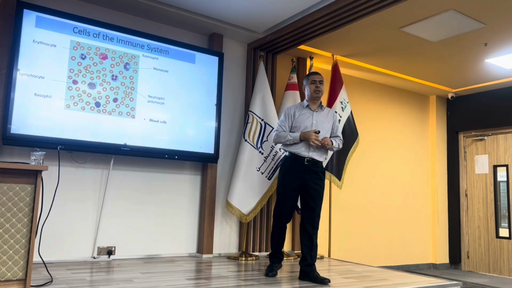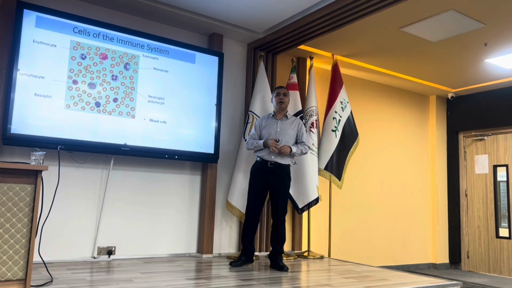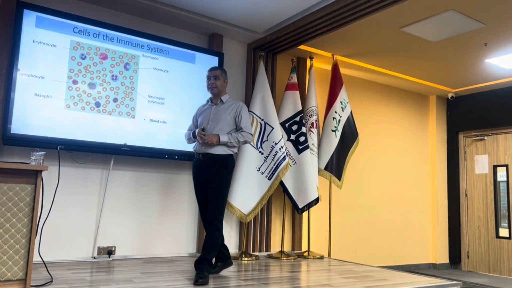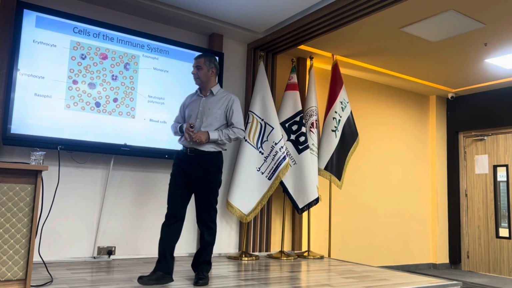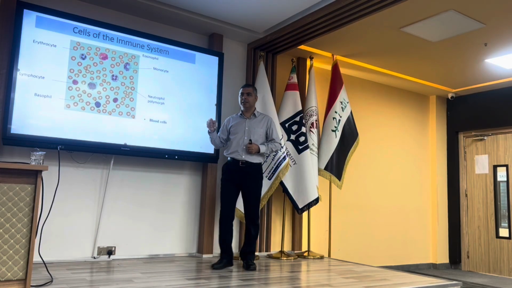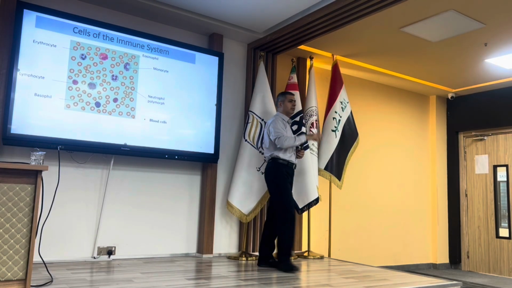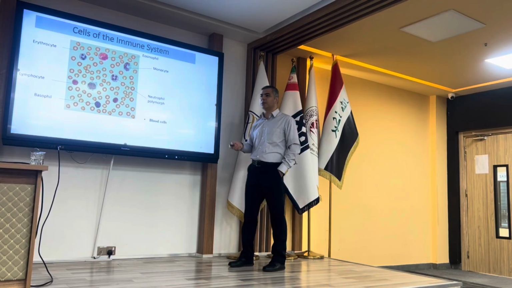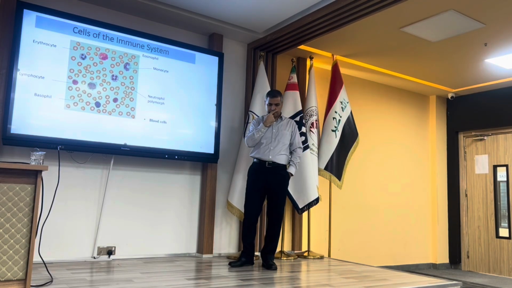I'll talk about it in the complement section tomorrow. So, yes, clearance of immune complexes. They take the immune complexes with themselves to the spleen, and inside the spleen, the immune complexes are eaten by macrophages. So, let's go back to the lecture.